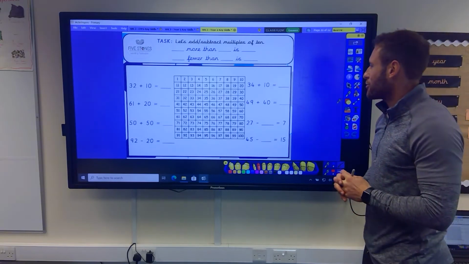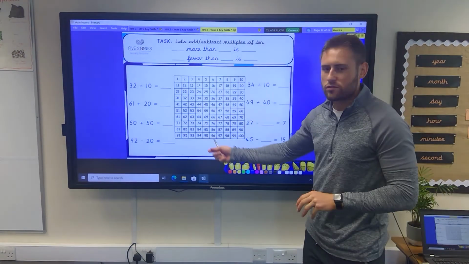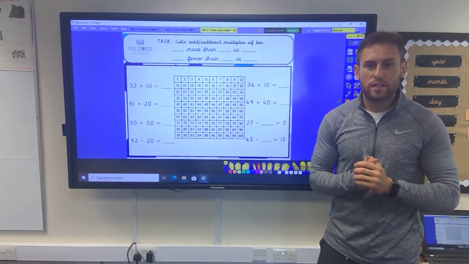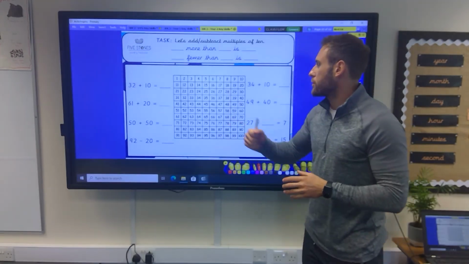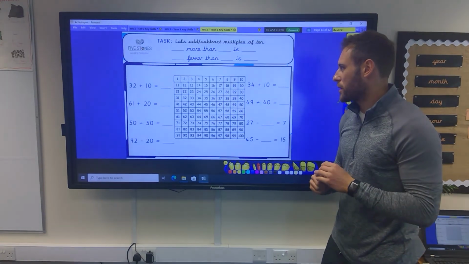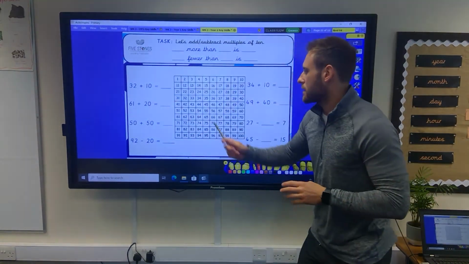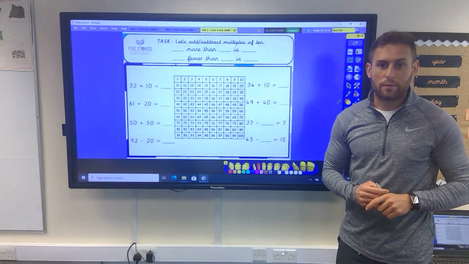Rightio. Now you've got a few problems of your own to solve. There's £100 here to help you. Feel free to get one of your own using the internet. You then need to solve the addition number sentences that are there for you. So please start off with this one, then make your way through and try and figure out what they might be.